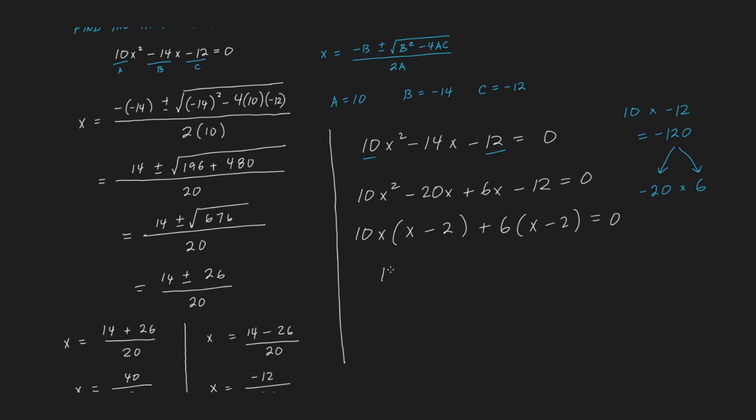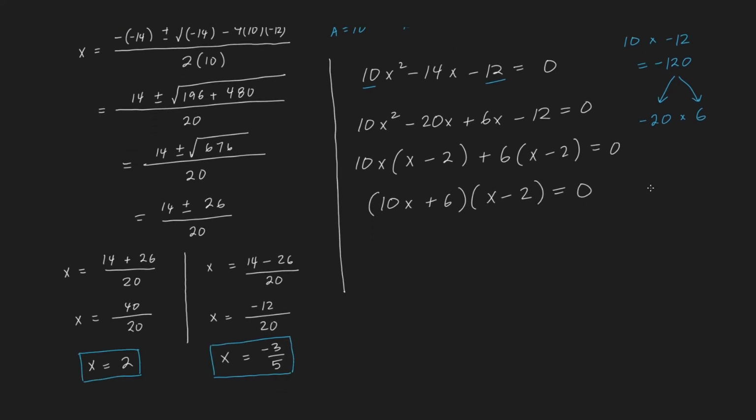Here we have 10x plus 6 multiplied by x minus 2. On one side, we have 10x plus 6 is equal to 0, and on the other side, x minus 2 is equal to 0.